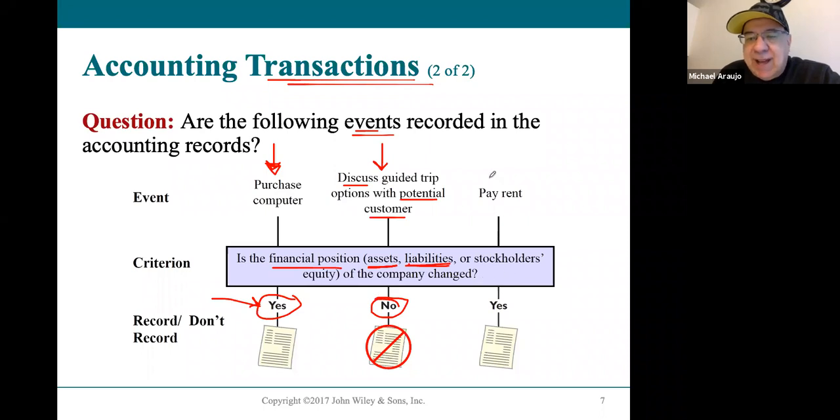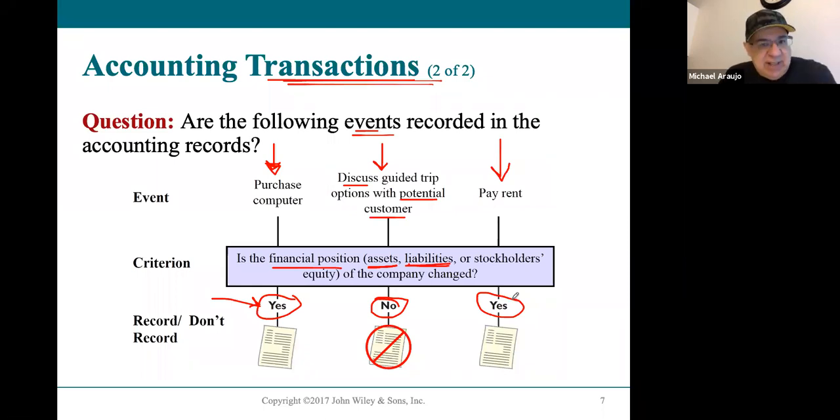Okay. The last event shows what happens when the company pays rent. Is that an economic event? In other words, is that a transaction? Yes, it is definitely a transaction. And at least two accounts are affected when the company pays rent. Now I don't know about you, but when you pay rent to a landlord, they want real cash, right?